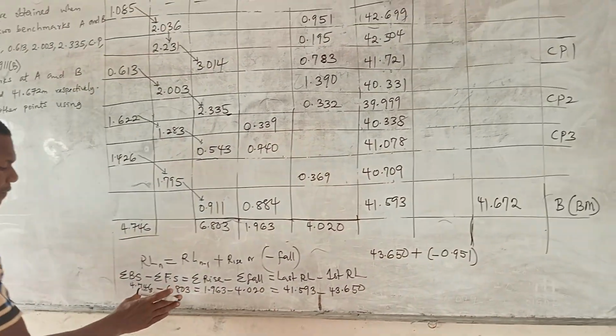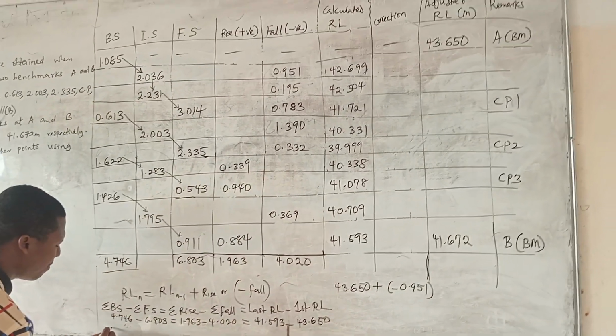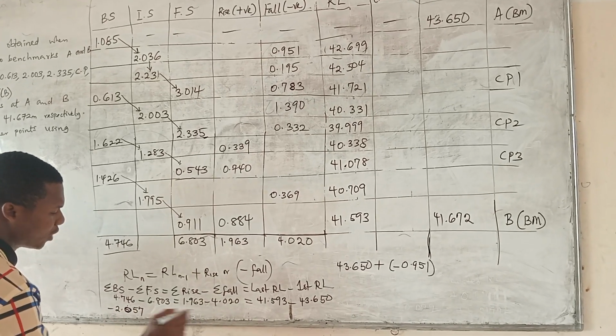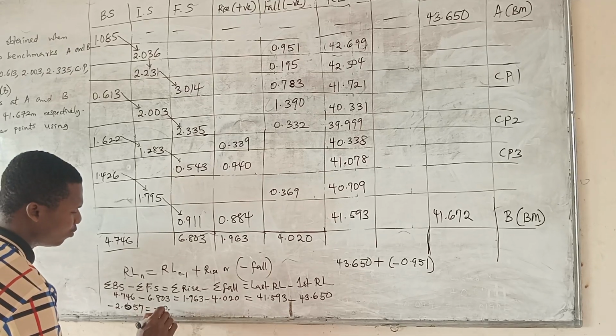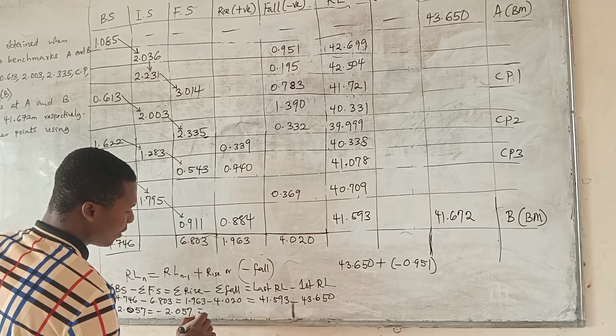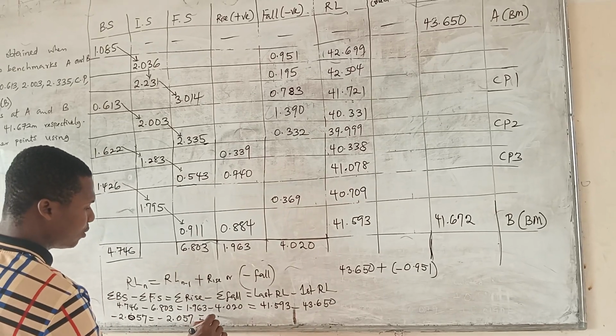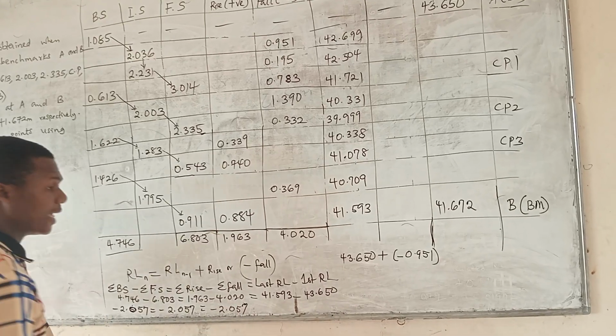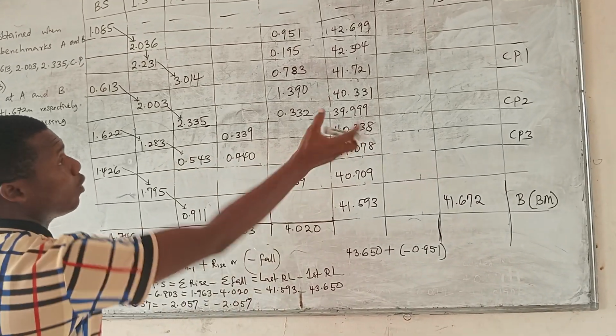If you find the difference between these, you have minus 2.057, and this one too is minus 2.057. This other one too will give you minus 2.057. Then you can say your check is okay. Then you can continue with your work.